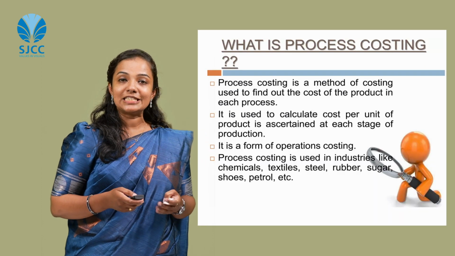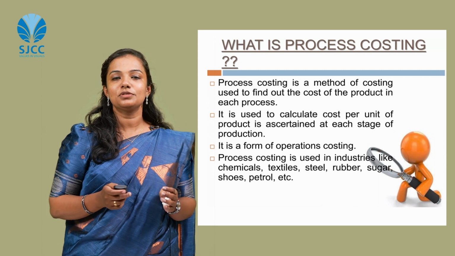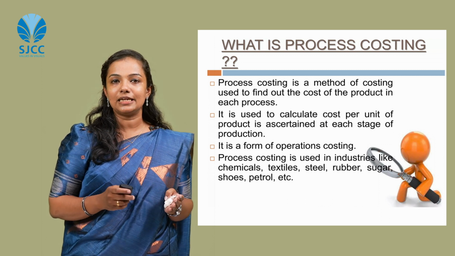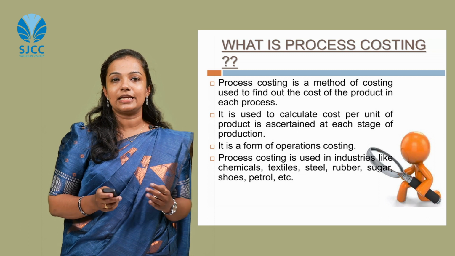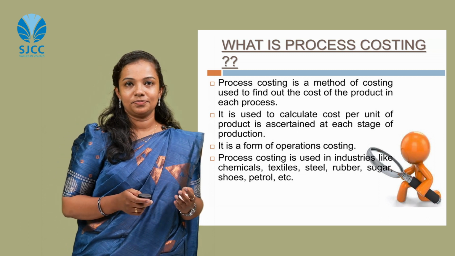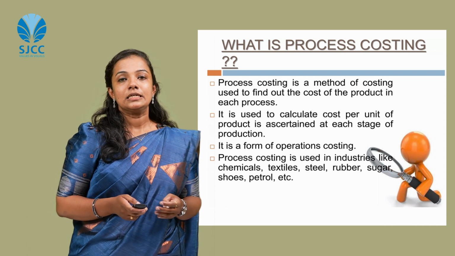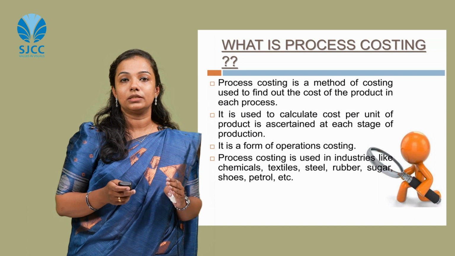So, what does it mean actually? See, very simple. It is a method or technique used in such industries where the material has to pass through various stages to become a finished good, to become a final product. So, at each of these stages, what would be happening? Some work will be happening on the raw material.